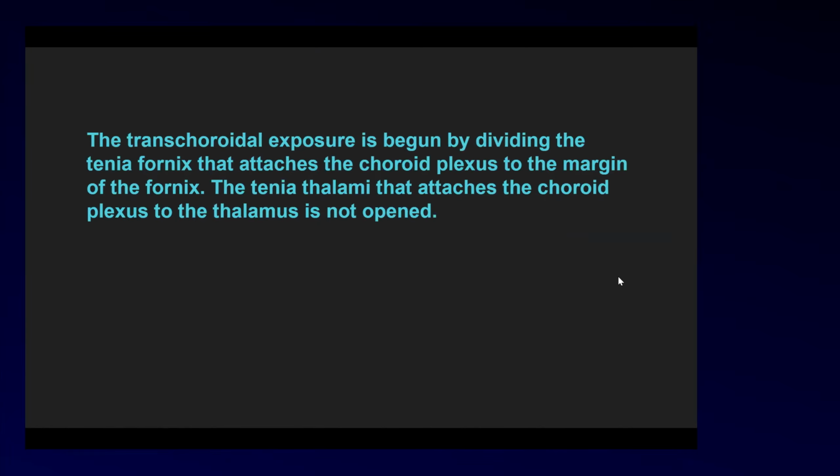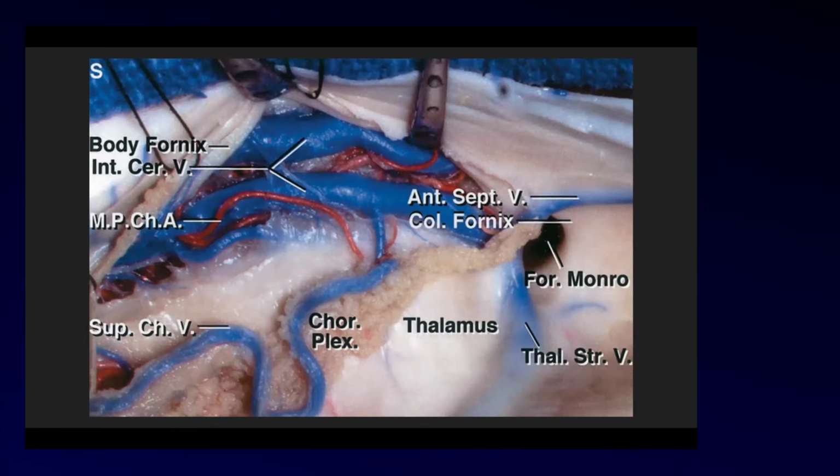When we are discussing the transchoroidal corridor, it begins when we increase our exposure by dividing the tinea fornicis. We have already covered that so far. Once we divide it, we open up that natural corridor, and the tinea thalami that attaches the choroid plexus to the thalamus is not opened.